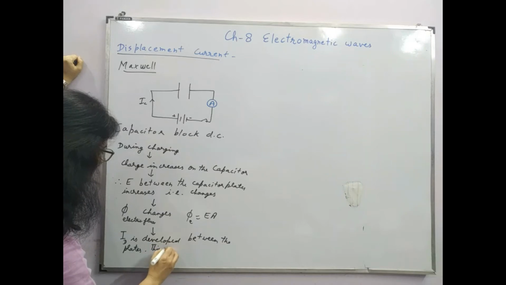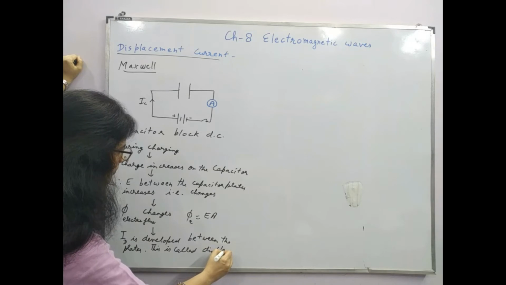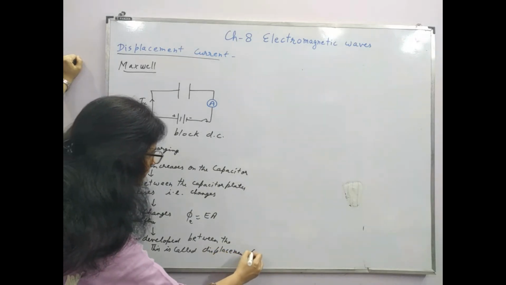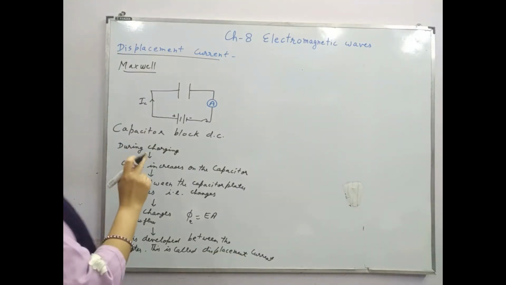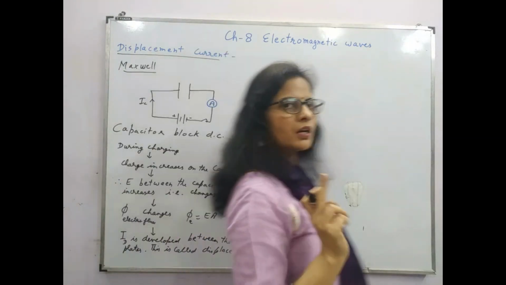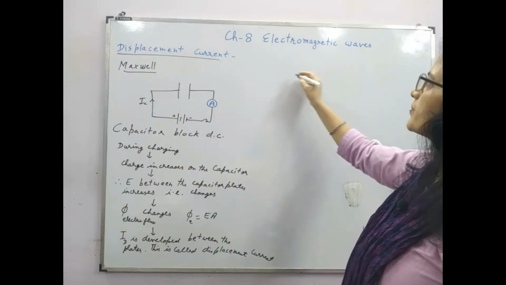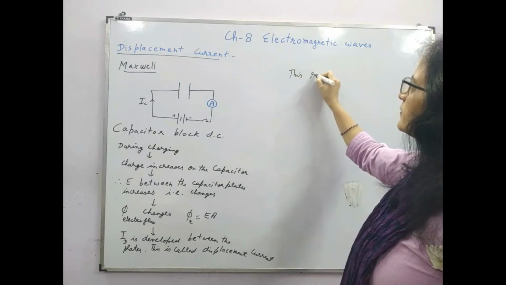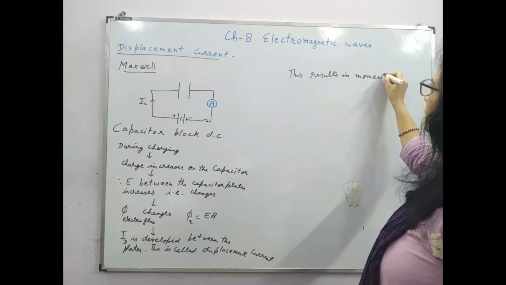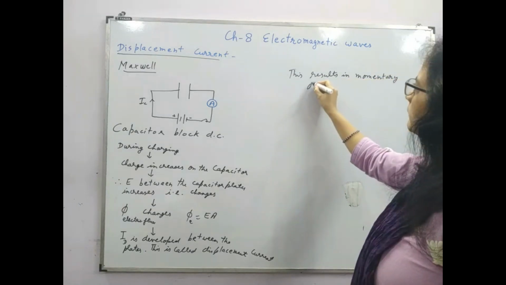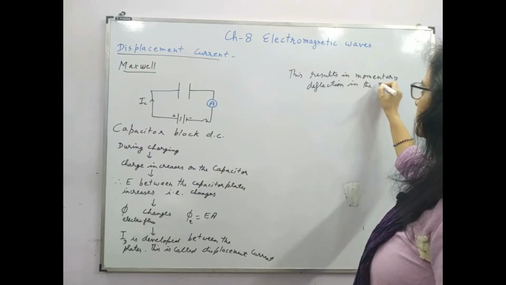This is called displacement current. So due to this displacement current, a momentary deflection in the emitter is observed.